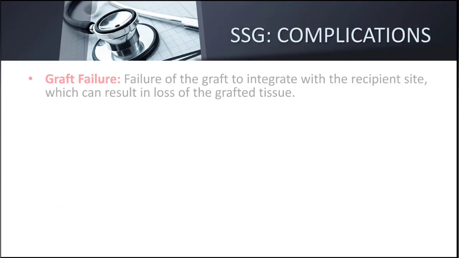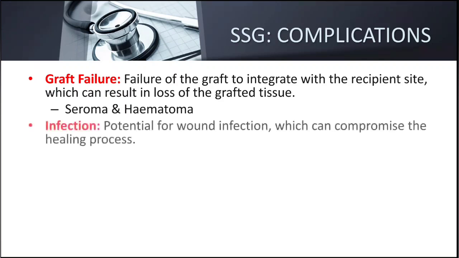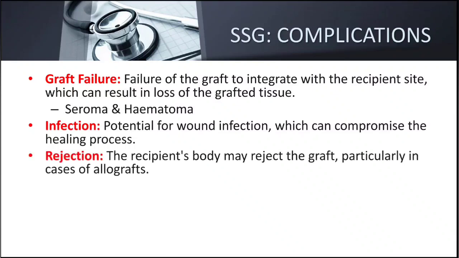Complications of a split thickness graft, right? So graft failure. Graft failure is when the graft fails to integrate with the recipient site, which can result in loss of the grafted tissue. And this could be caused by a seroma or hematoma. Infection, potential for wound infection, which can compromise the healing process.